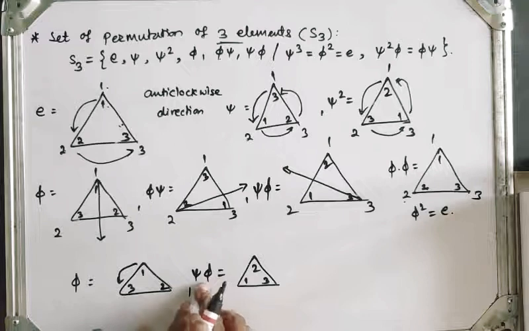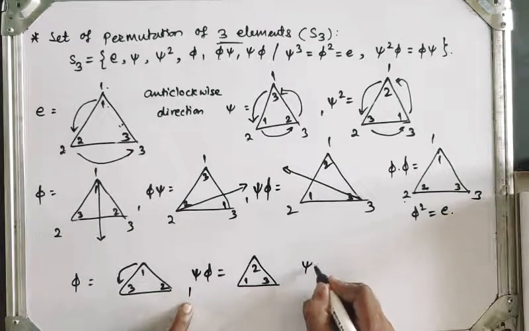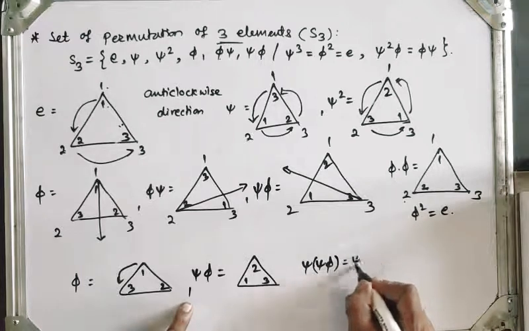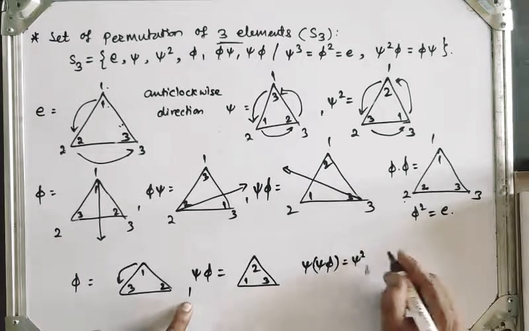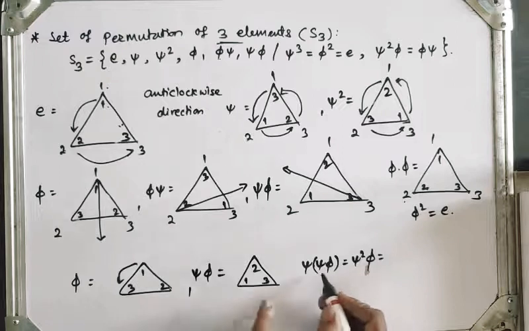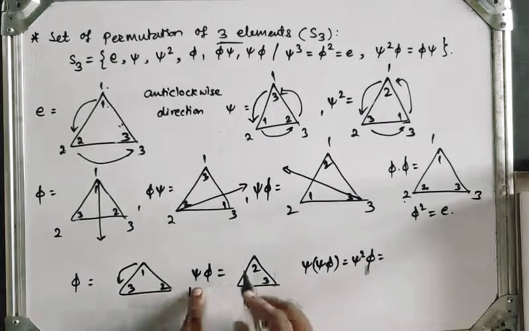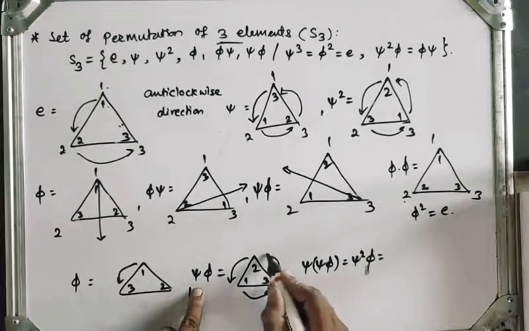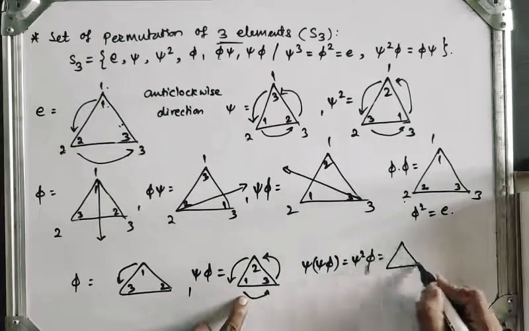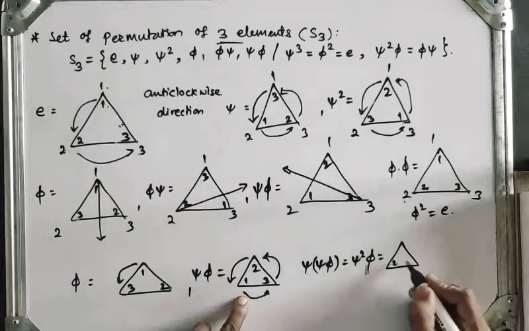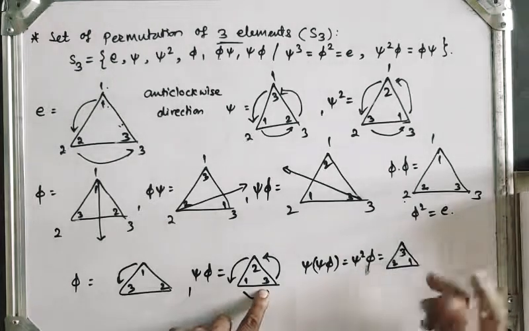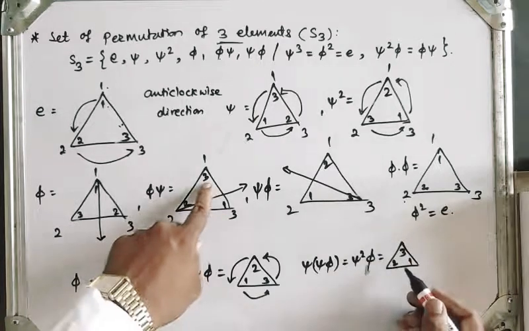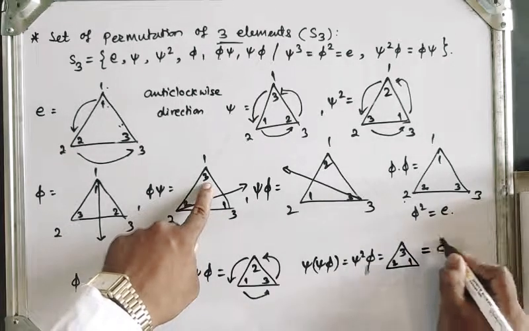After applying psi again, that is psi square phi, we rotate anti-clockwise again. 2 goes to here, so we get 2 1 3, which is the element phi psi.